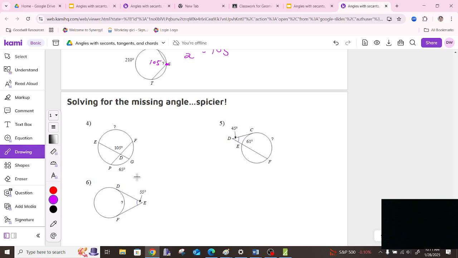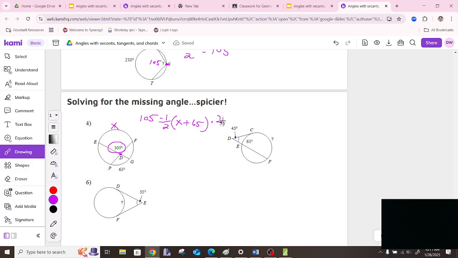In this case, I was given the answer, right? It's on the inside, but they gave me the answer. So 105 has to equal 1/2, and I'm going to use this as an x, and I think we add, right? x plus 65. So what would I do first to get rid of this 1/2?